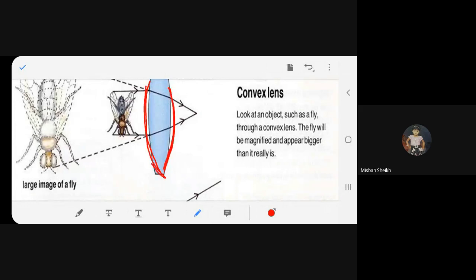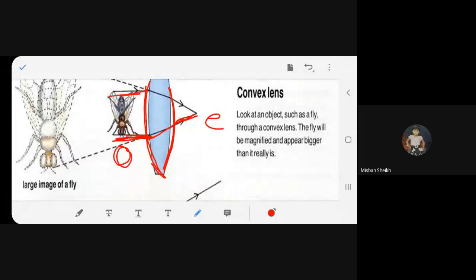Now this is the object. That is a fly. It is upside down, sitting like that. And we are watching through the convex lens; this is an eye. You got it now? So it is a straight line. The straight line meets at the focus.